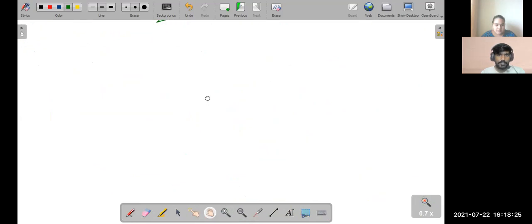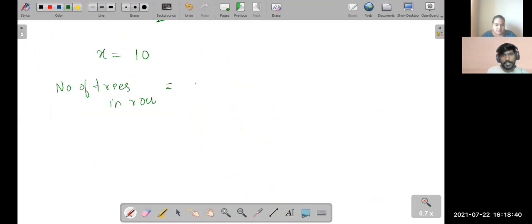I'll write the final step if you want. So x is equal to 10, you got. Then the number of trees in rows, as you have written previously, is x plus 5, and x you know is 10. So 10 plus 5, which is equal to 15. That's it.